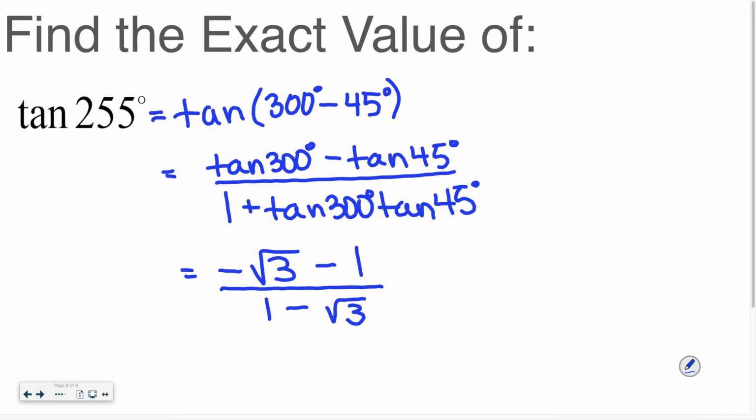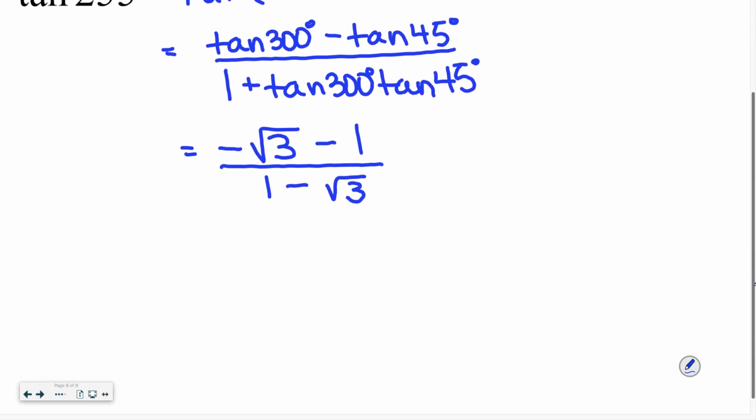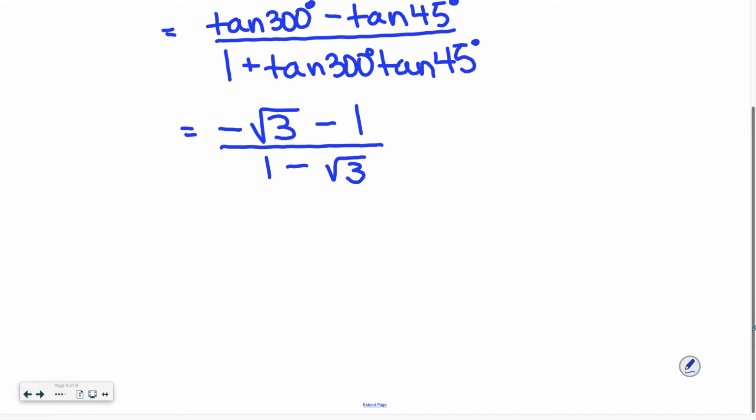Now, do you think that this is how I'm going to let you leave your answer? No, I am not. Why? There is a radical in the denominator. So in order to rationalize our denominator, we must multiply by the conjugate. Good job.